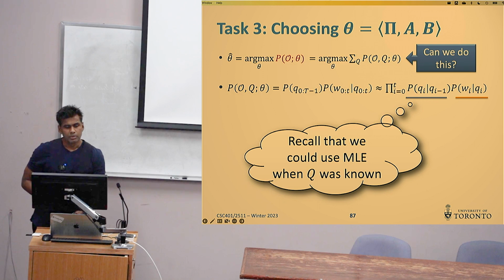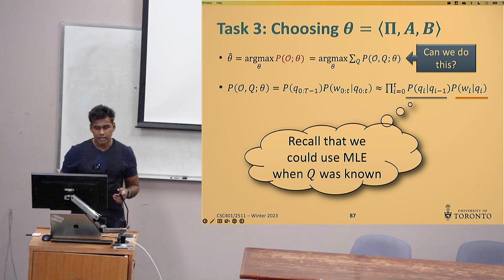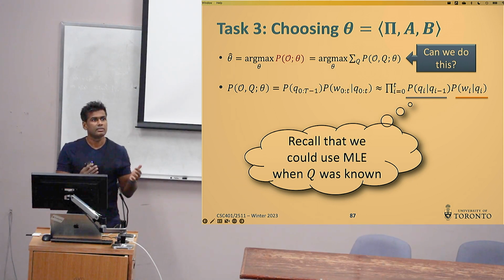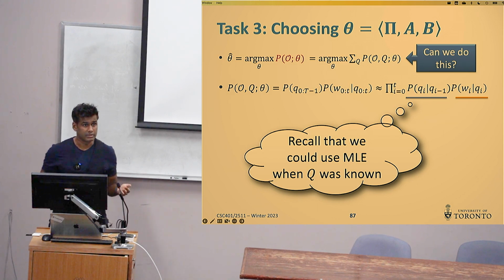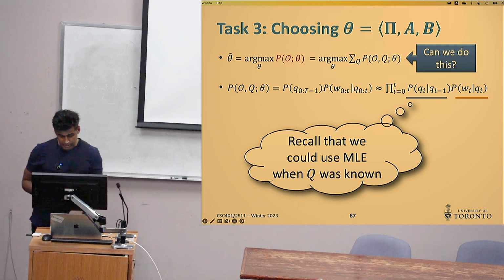A reminder that we're dealing with hidden Markov models, so the states are hidden. We're trying to decipher the joint probability of observations and states, and if we had the states in our training data, it's not a hard problem. We can just do a maximum likelihood estimation, like the way we did it for language modeling tasks.